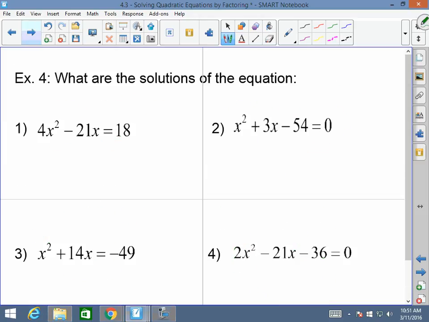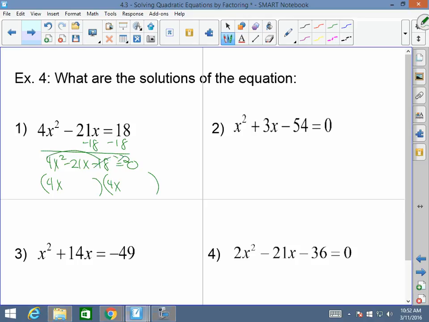All right, what are the solutions? Okay, we're going to get a little tougher now. So first off, I got to bring over this 18. So I'm going to get 4x squared minus 21x minus 18 equals 0. Cuban method, 4x, 4x, 4 times negative 18 is negative 72.